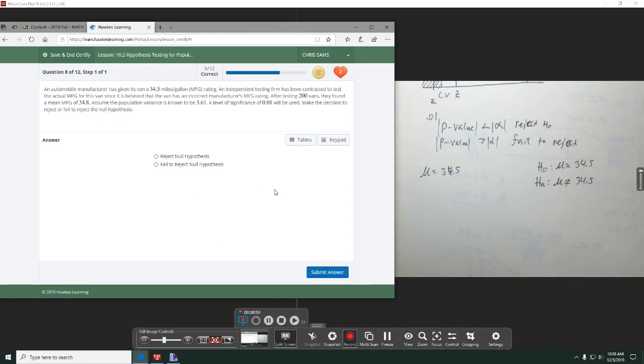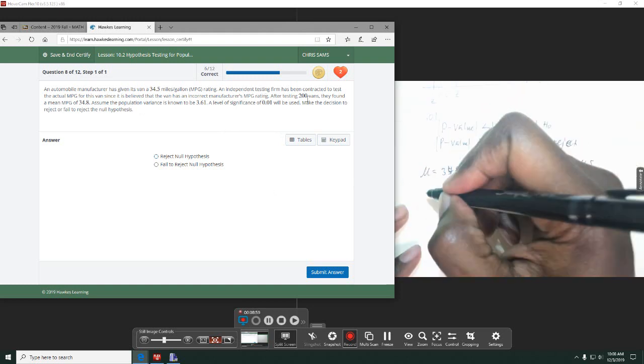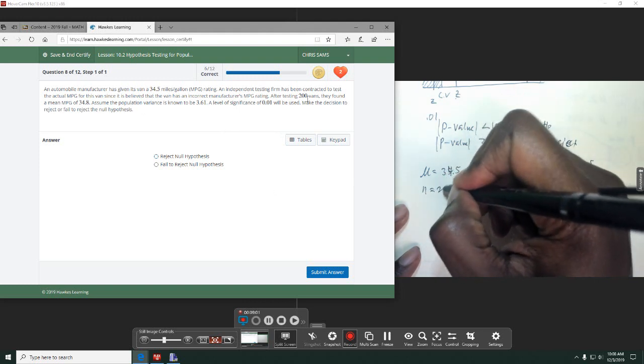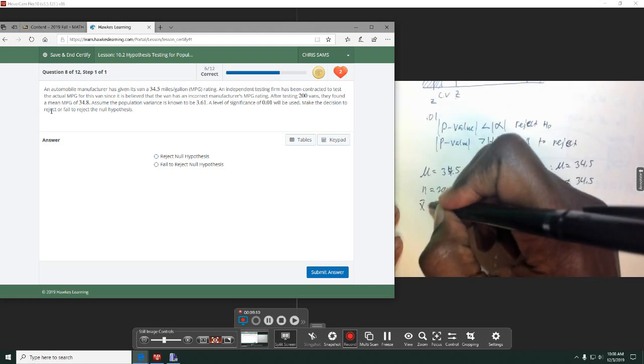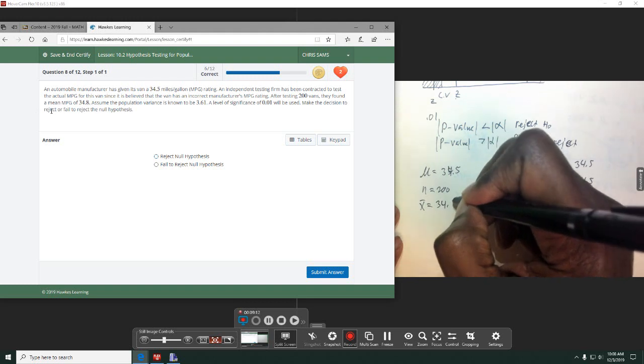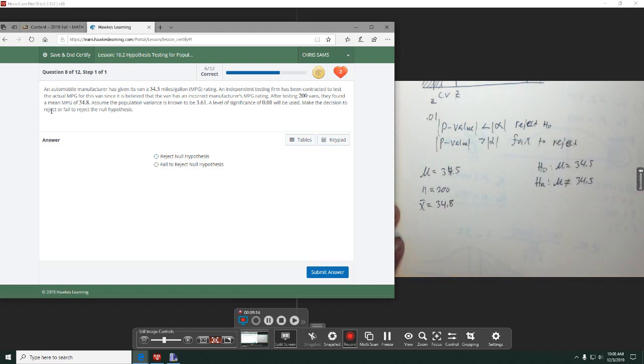Okay, so we have our null and alternative set up, and now we have testing 200, so that is our sample size. N is 200. We have found the sample mean to be 34.8. And we want to assume that the population variance is known to be 3.61.